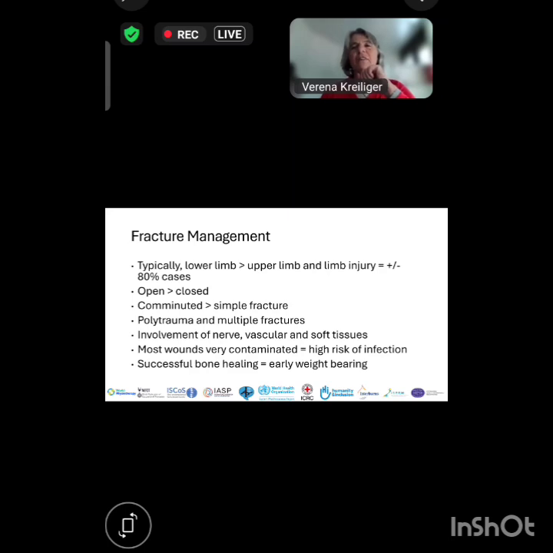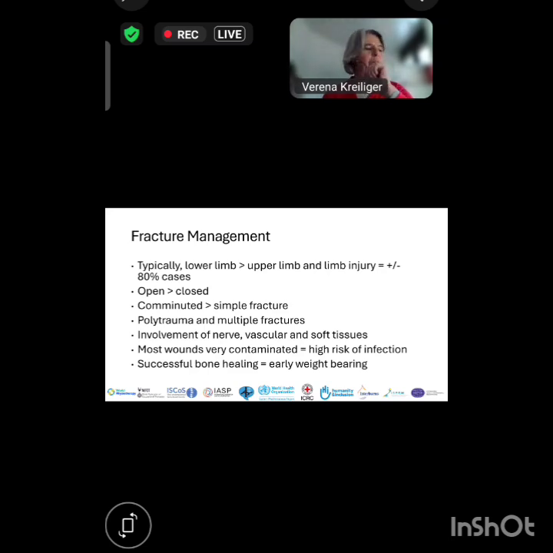Once the soft tissue and the additional problems are dealt with, we know that for successful bone healing, early weight bearing is essential. So that's where physiotherapy comes in as well.